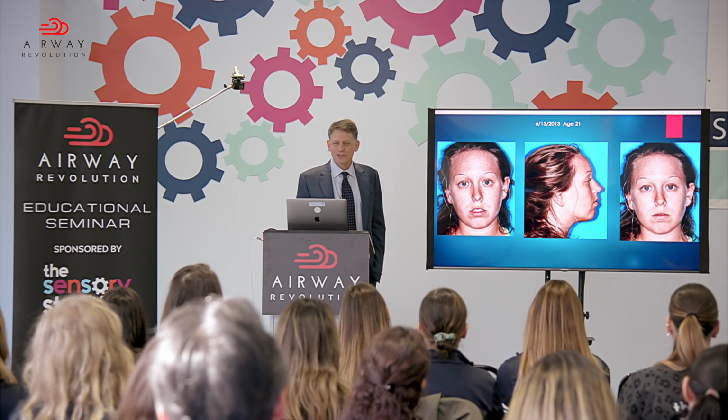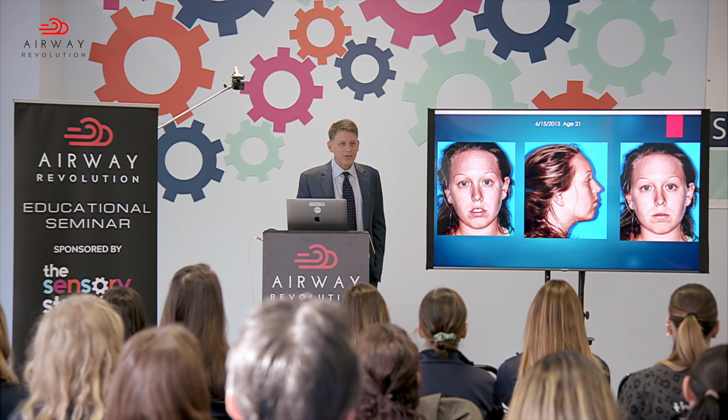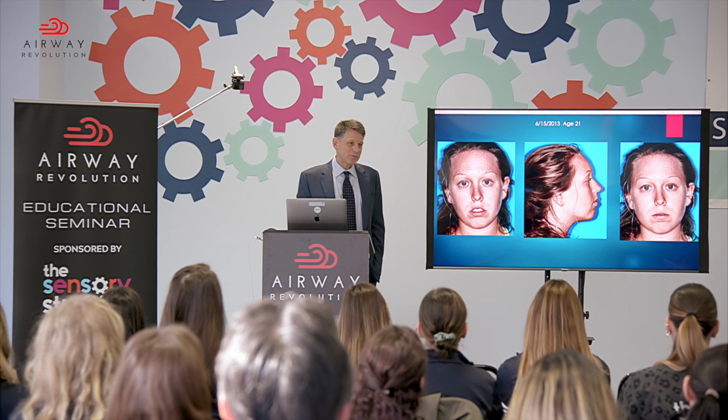In the winter, everybody's dry because it's the environment, it's the heat. But you can tell when it's just that, or you're treating them in the summer and they're still dry, it's because they're mouth breathing. And by the way, people that are mouth breathing are going to have more decay because they're changing the pH in their mouth and it's drier, and they're going to be much more susceptible to cavities.